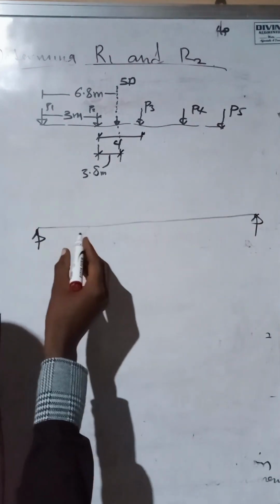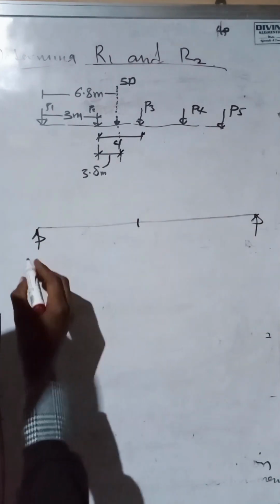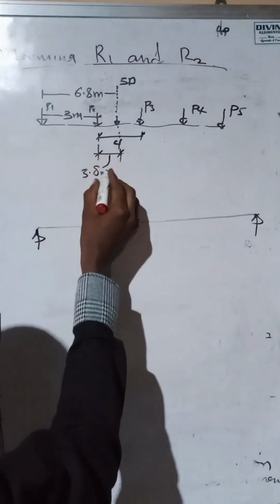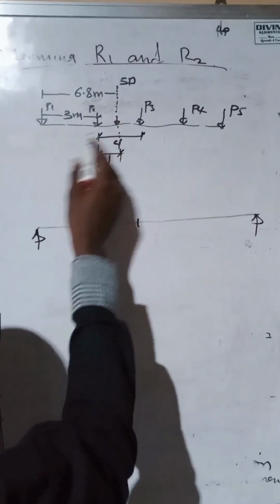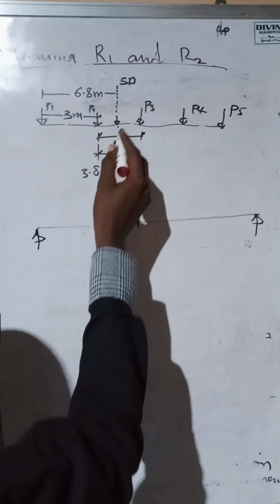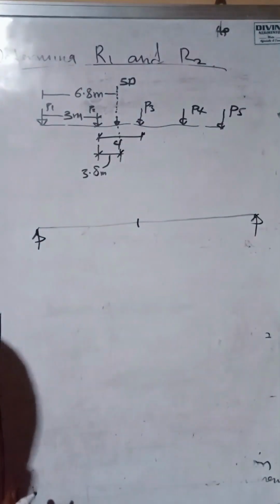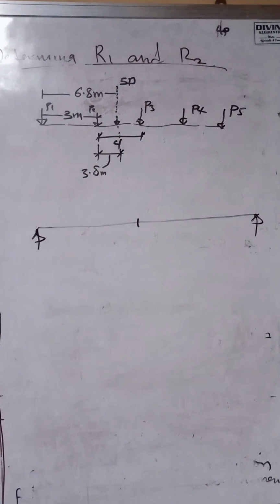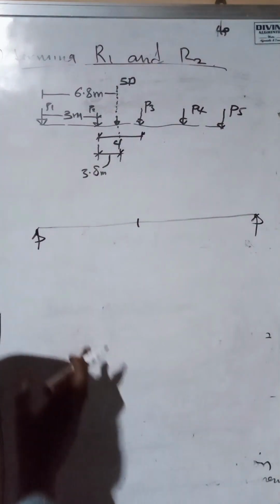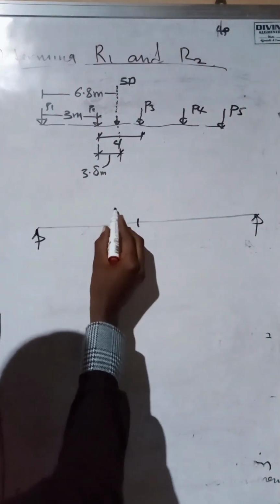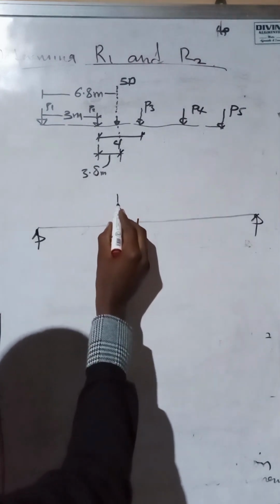So I'm going to place it immediately. These are the center line of our beam. So we're going to place this vehicle in such a way that the distance between this resultant load and P2 is placed at equal distance in such a way that it coincides with the center line of our beam. So we'll have it as this.